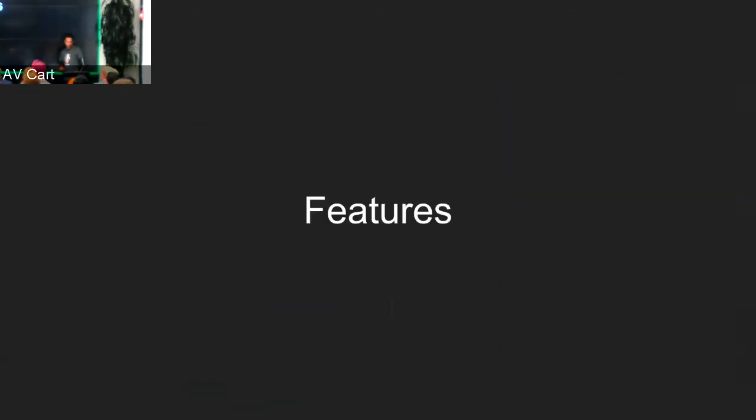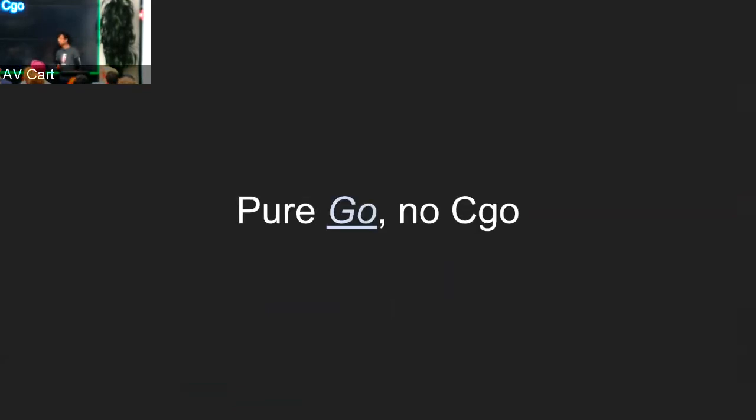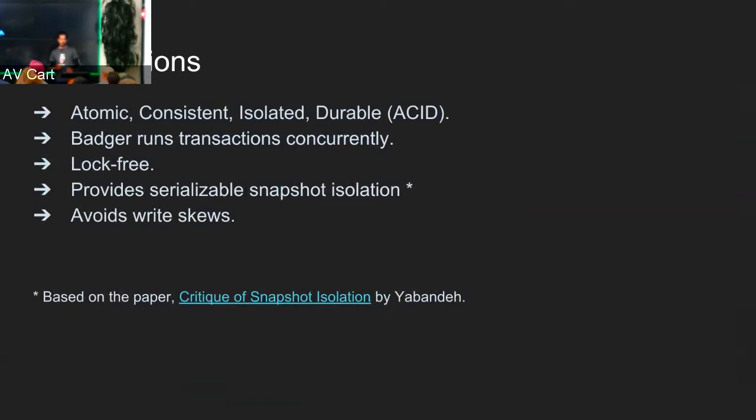To give you a sense of what Badger provides, let's talk about its features. As mentioned, it is pure Go, no CGO. It is persistent, of course. While we originally did not start with it, in October last year, Badger gained ACID transactions with serializable snapshot isolation.